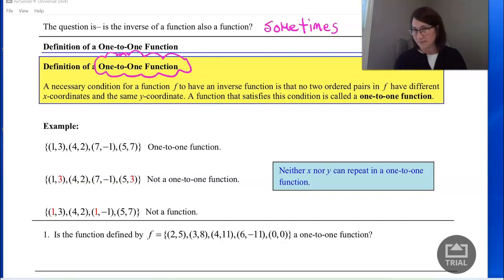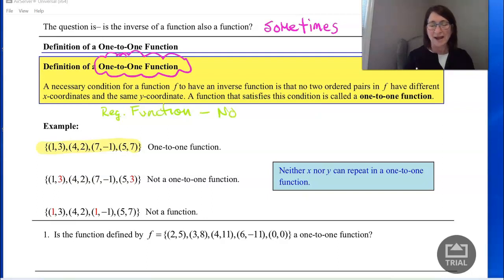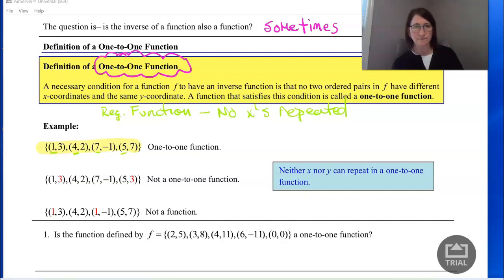So let's look at some examples. So our first example, which I'm going to highlight here in yellow, is an example of a one-to-one function. So remember first, if we have a regular function, then no x's are repeated. And sure enough, we've got 1, 4, 7, 5.